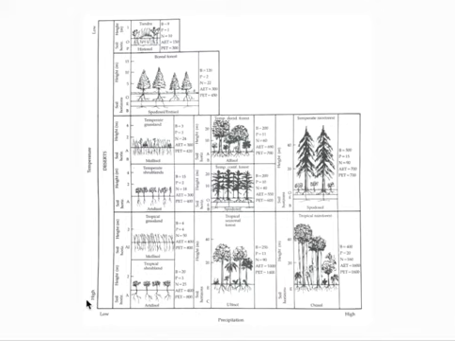On the vertical or y-axis, we have temperature, but it's ordered from high temperature at the bottom to low temperature at the top. And so up at the top, we have very low temperature and low precipitation, and this is what characterizes the tundra biome.